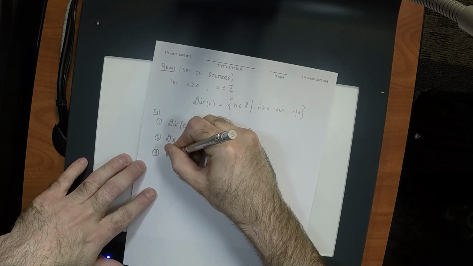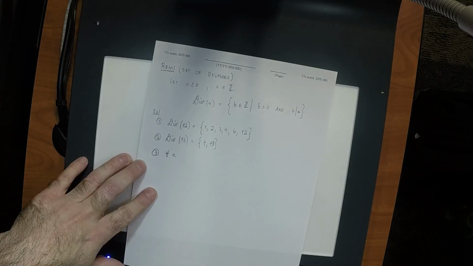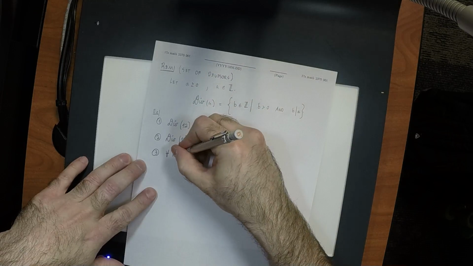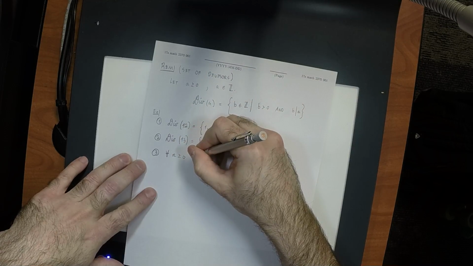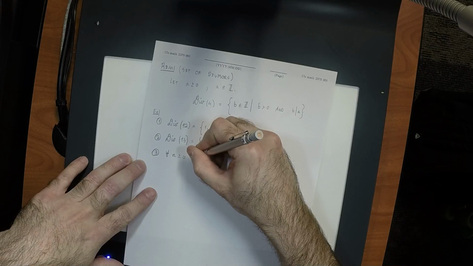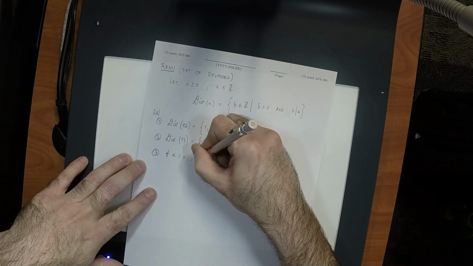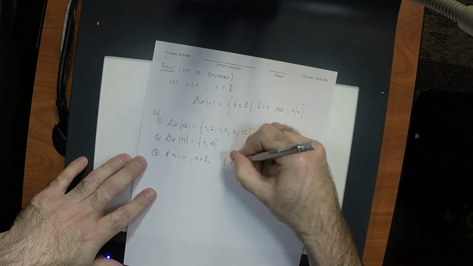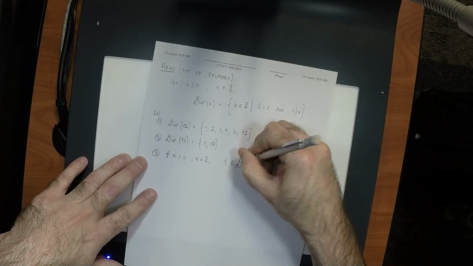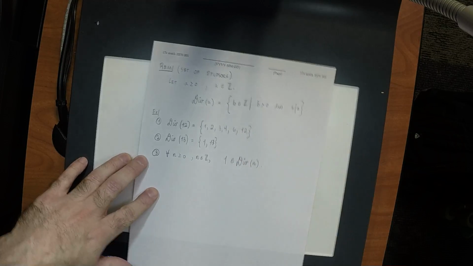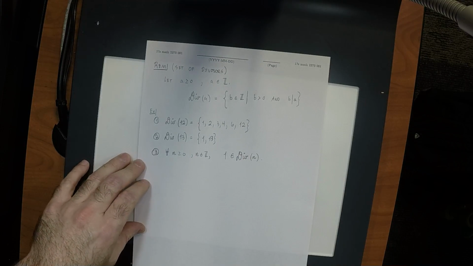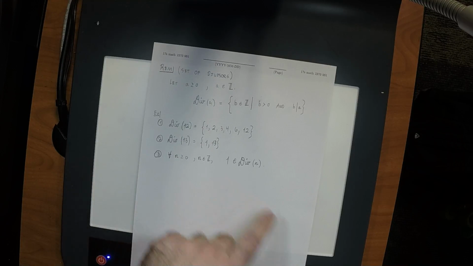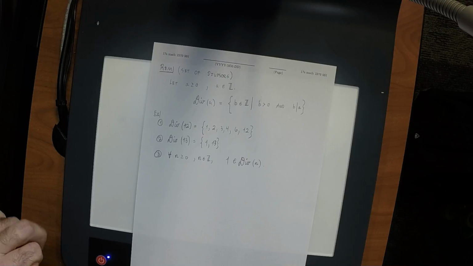So now for all n greater than or equal to 0 in the integers, 1 is in the set of divisors. So we never have to worry about this set of divisors being empty. It's always got something in it. In fact, 1 is always in it, and what else is always in it? N itself. Right, good.